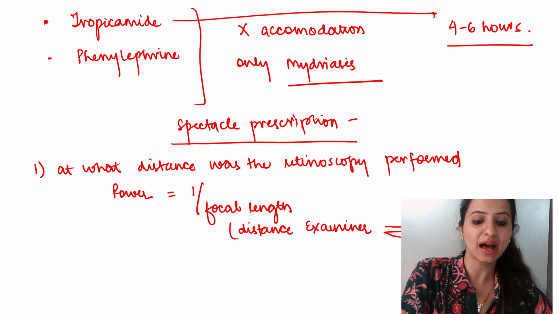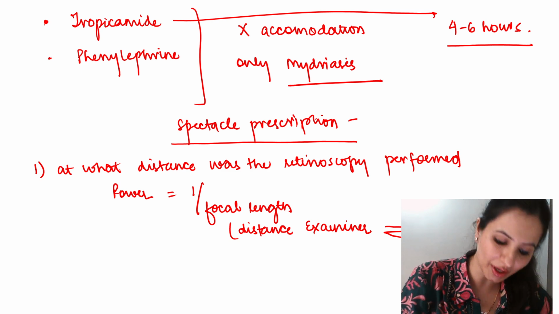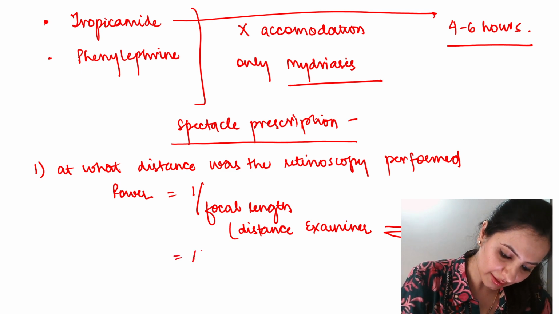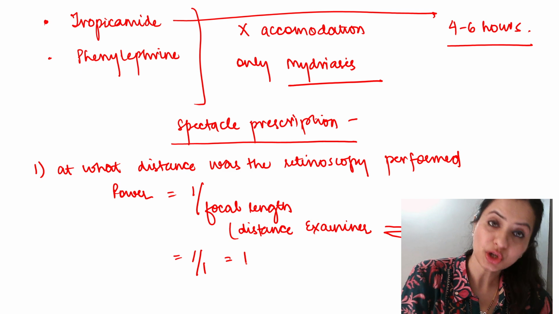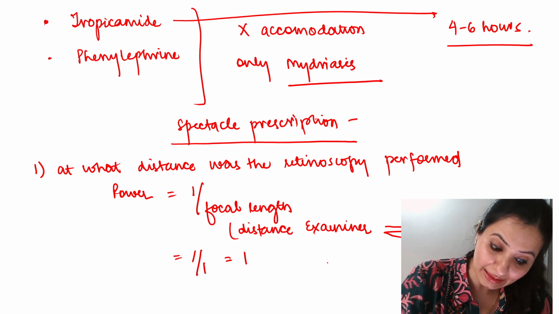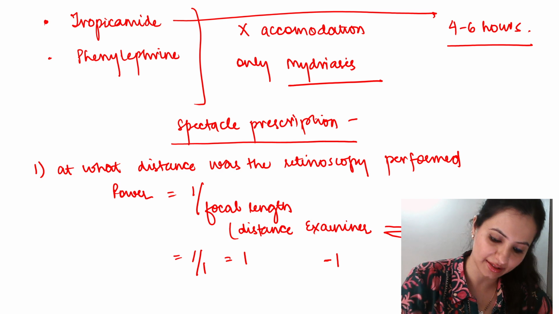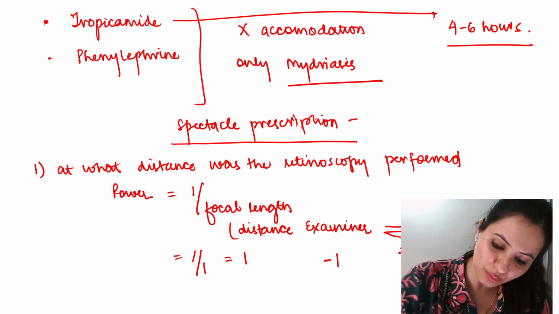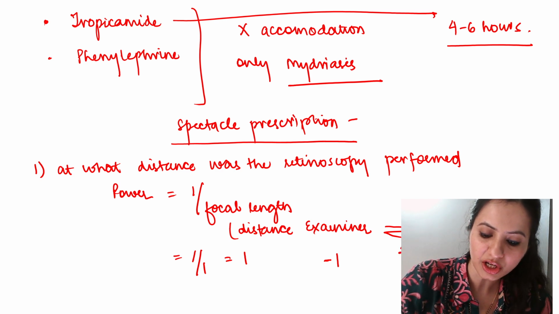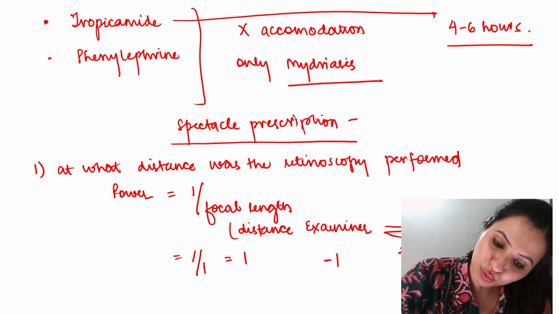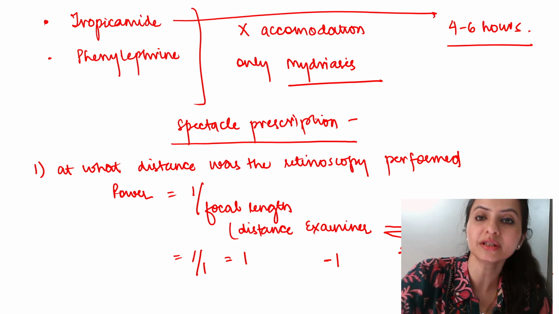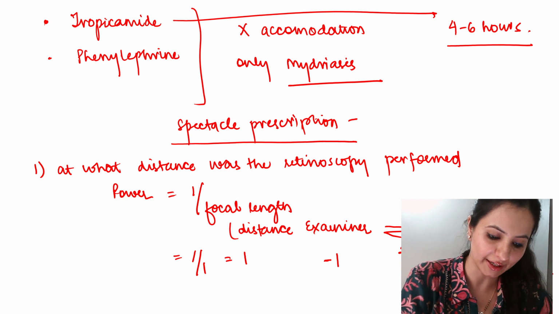So if we have done retinoscopy at 1 meter, that power will come out to be 1. So we have to subtract this distance from the retinoscopic findings. Suppose our distance was 2 by 3 meters. So we will have to subtract minus 1.5 diopter from the retinoscopic findings.